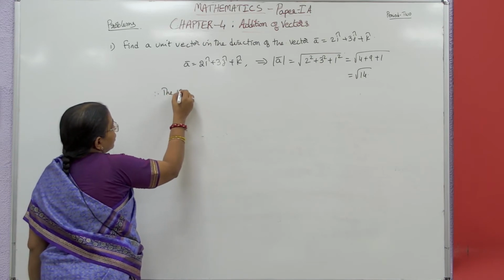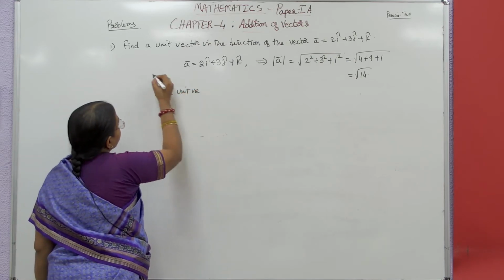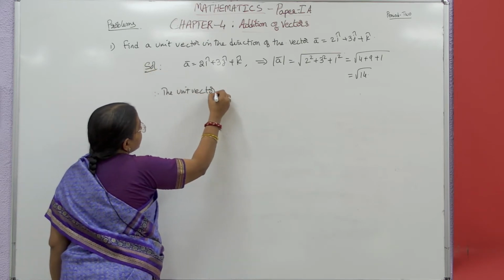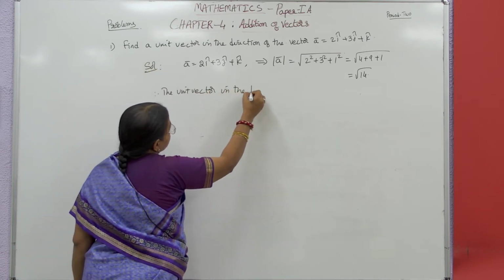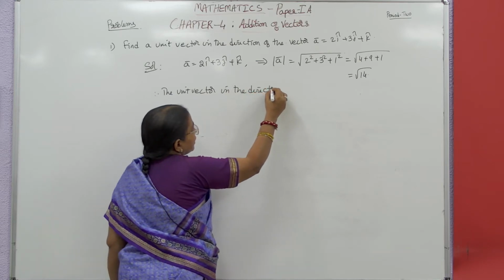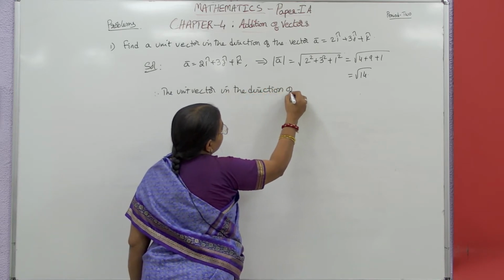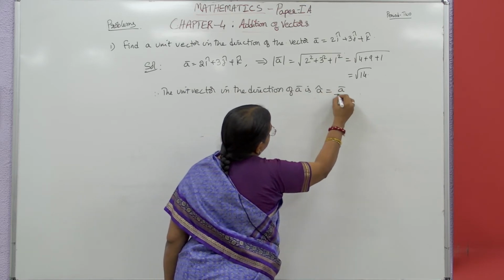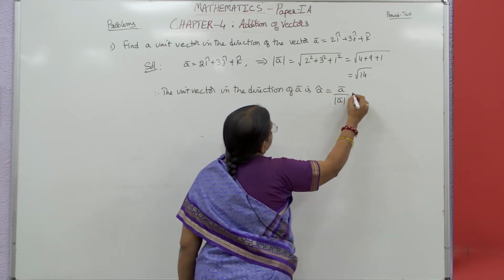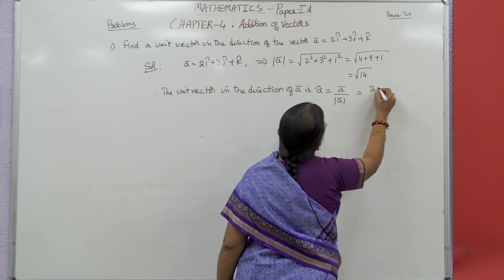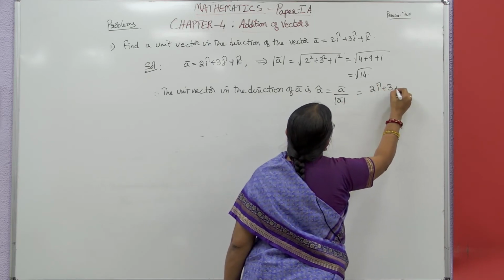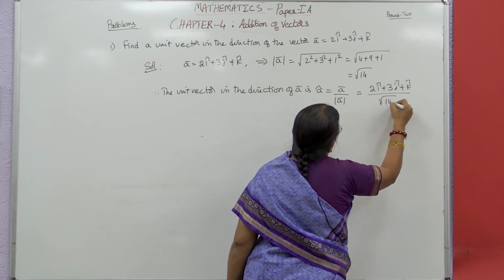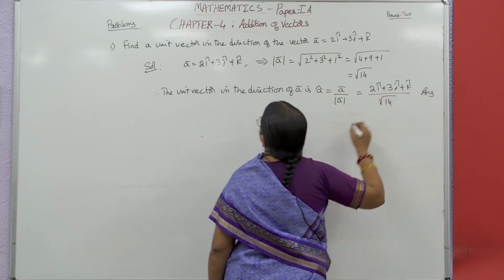Therefore the unit vector in the direction of A is A cap is equal to A by mod A, that is 2i plus 3j plus k by root 14. That's all. That is the answer.